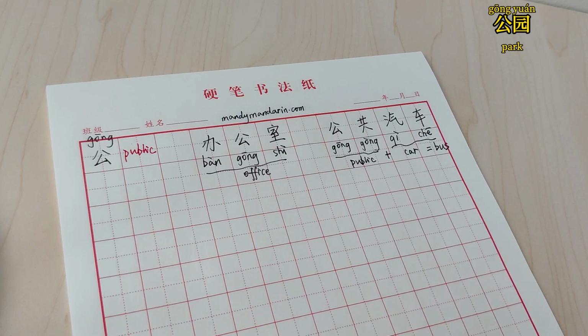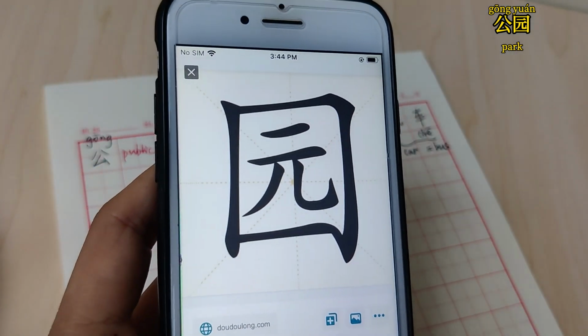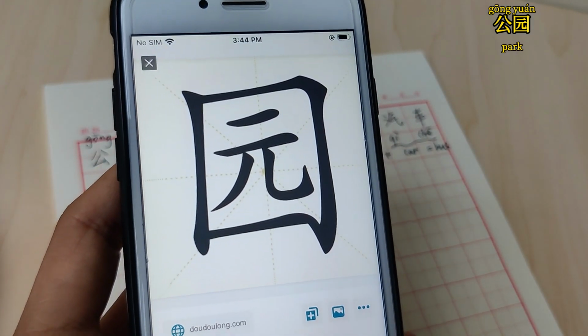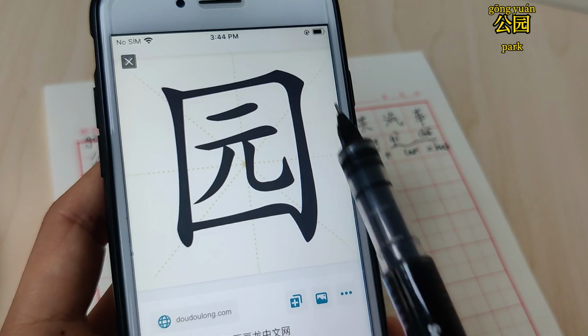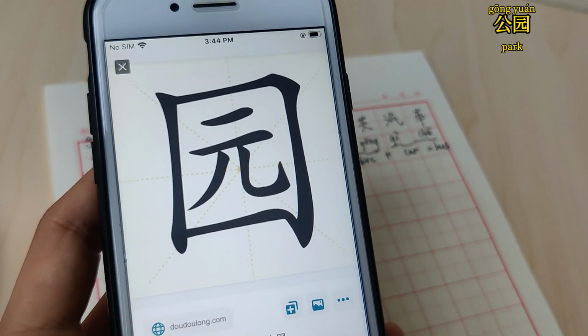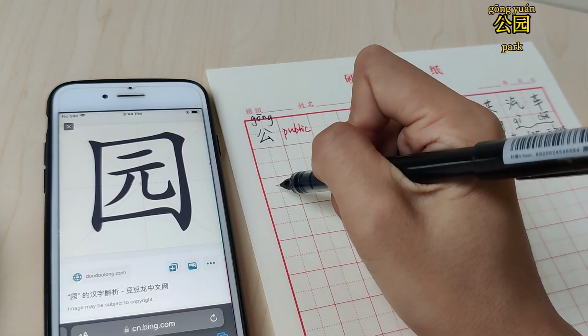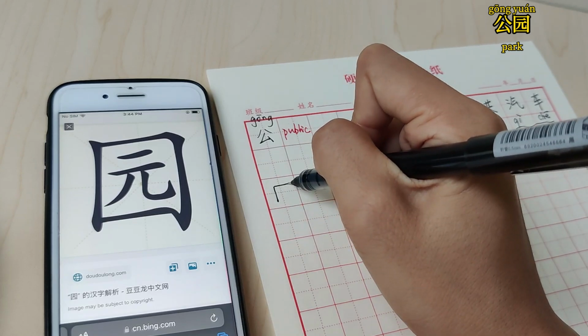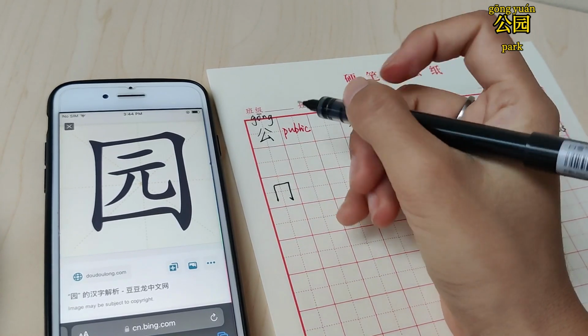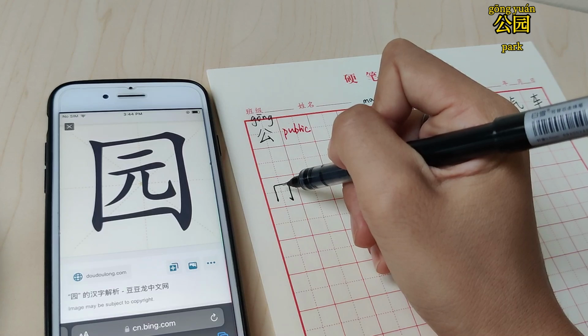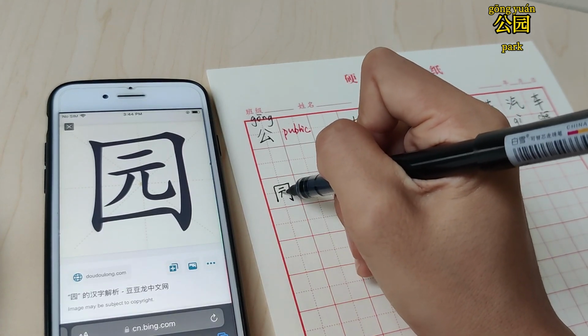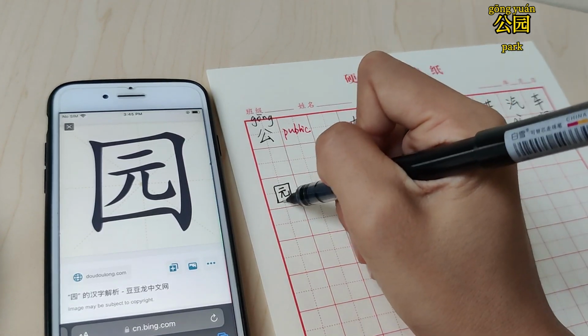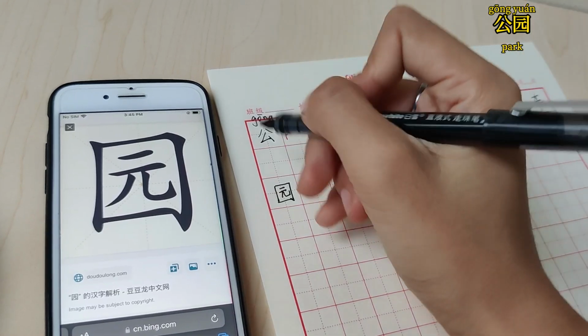Okay, let's continue with the 公园, and this is how we write the 园. It's a fully surround structure. First of all, let's build a wall and fill the inside, and then close up.